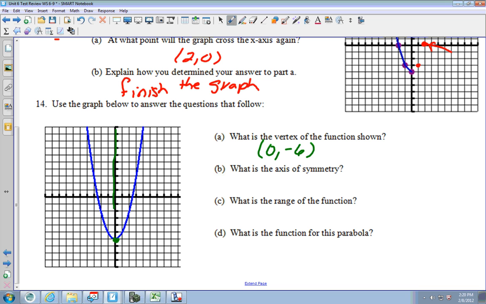It's x equals the x number of the vertex, x equals 0. What is the range? I have range is y. Now the parabola opens upward, so it's all these points above this number, so it's greater than or equal to -6. The function for this parabola is y equals x squared minus 6.